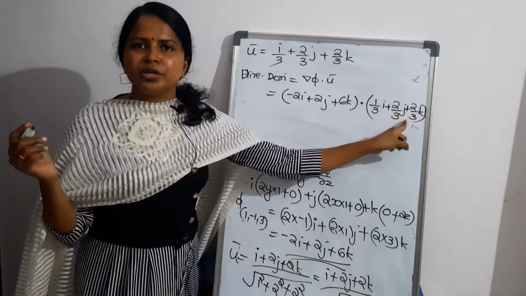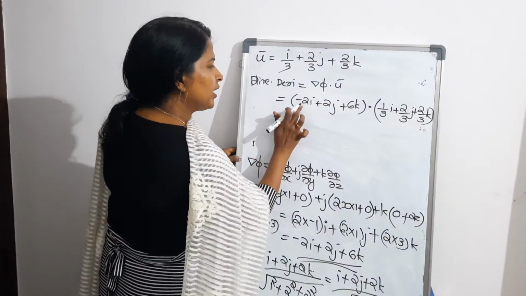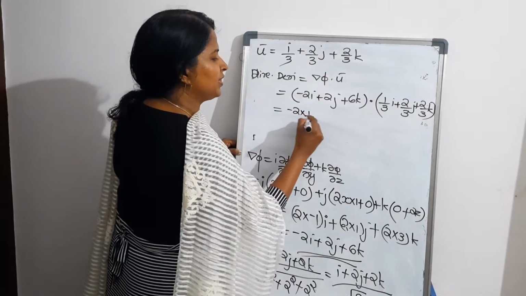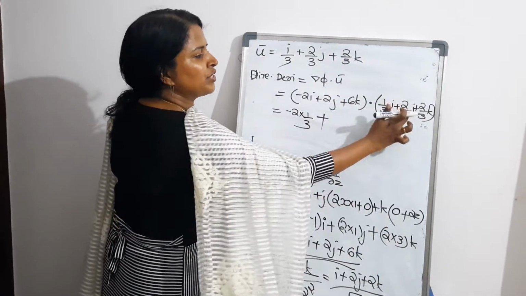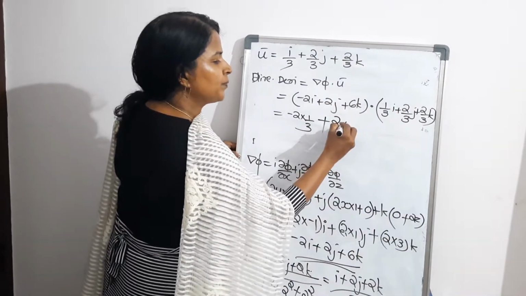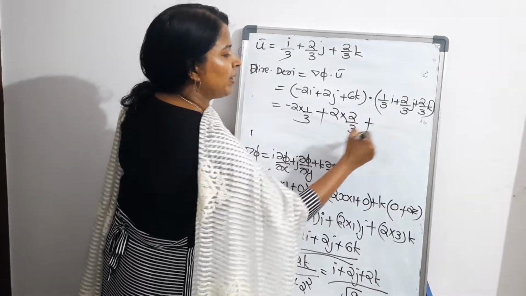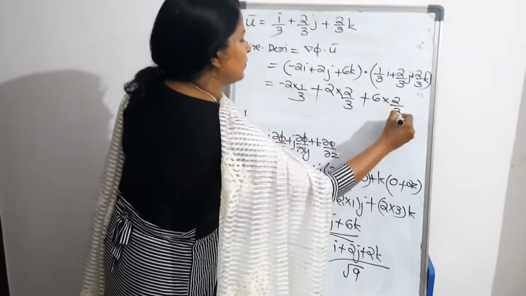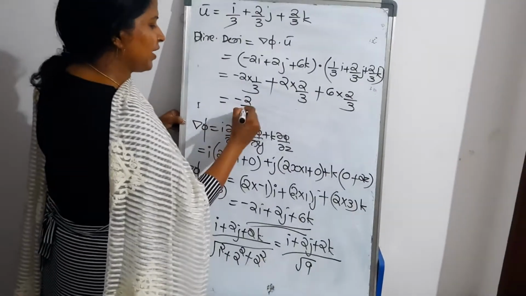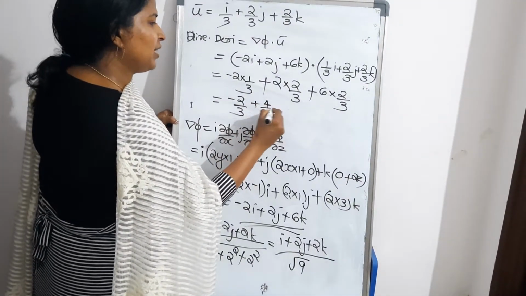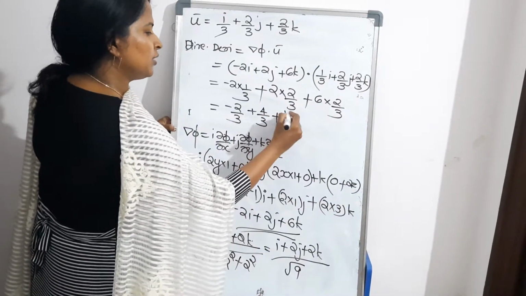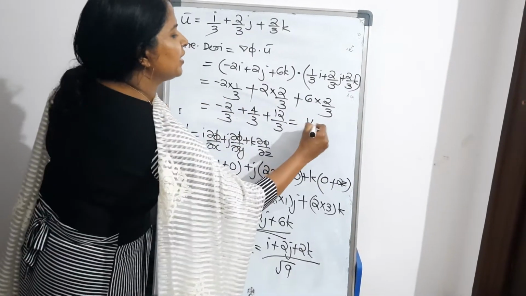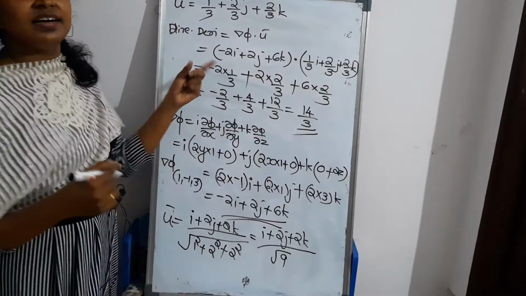Then find the dot product of these two vectors: -2 into 1 by 3, plus 2 into 2 by 3, plus 6 into 2 by 3, that is equal to -2 by 3 plus 4 by 3 plus 12 by 3, that is equal to 14 by 3. This is the directional derivative.